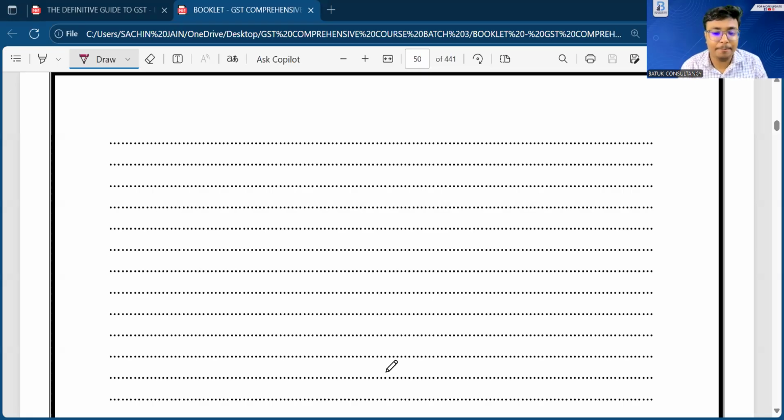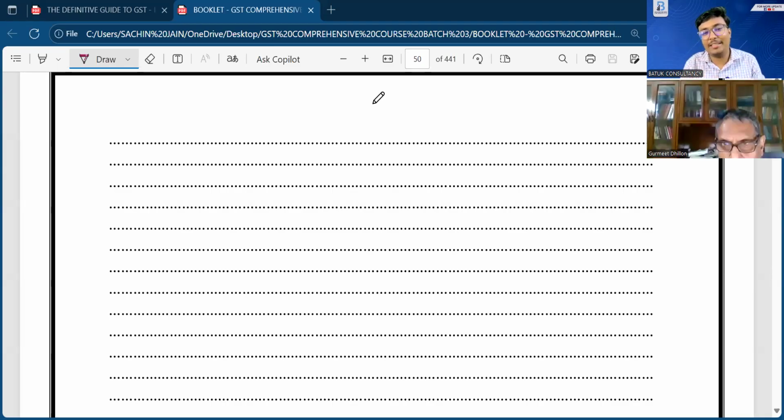So, sir, today we are going to start a very new topic, a very special and a very important topic. When we started this GST comprehensive course 9 sessions back, we started our discussion from the concepts of GST: why there is a requirement of GST, what GST means, what types of ledgers there are in GST, what output tax and input tax mean, and what output tax credit and input tax credit mean.